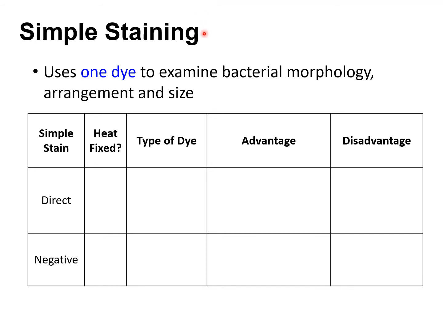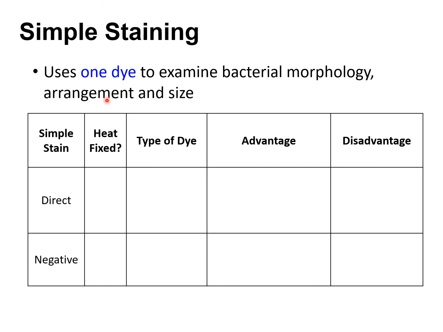We're going to talk about simple stain, and simple staining is when we use one dye. Simple staining is great when you want to know your bacteria morphology, meaning shape. Is my bacteria coccus in shape? Is it bacillus? Is it spirillum? Is it vibrio? It's also great for knowing the arrangement and the size of your bacteria.